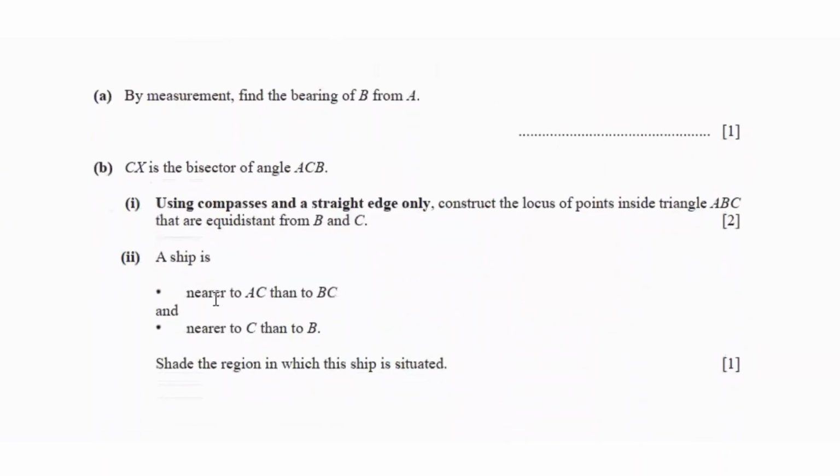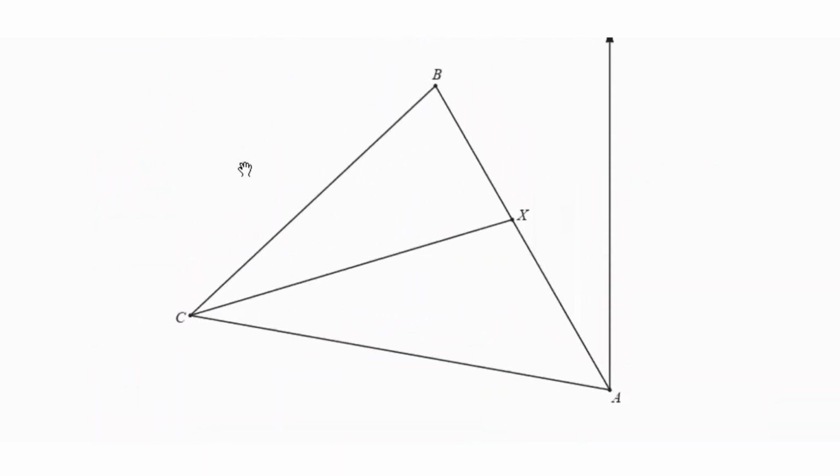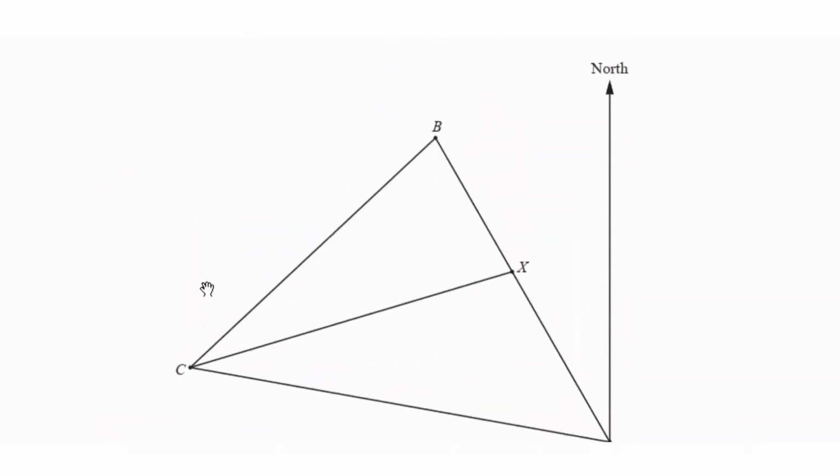If they're equidistant from B and C, that means you'll draw a perpendicular bisector for B and C. For the perpendicular bisector, you'll first measure your length of BC. Right over here, step 1.